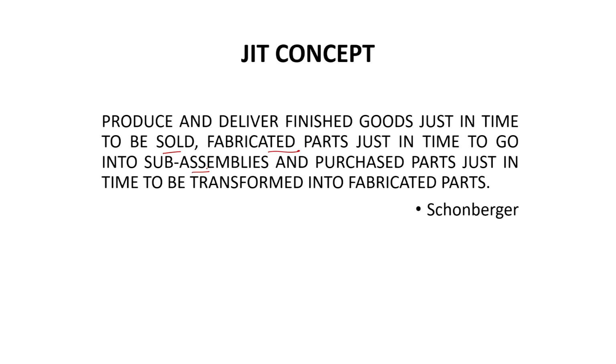So, whether it is a welding part or painting or engine parts or machining or something, we are doing it when it is going to be used for sub assembly, engine assembly, or it is going to be used for painting purpose, or it is going to be used on the assembly line, and purchase parts just in time to be transformed into fabricated parts, and we do the purchasing only when it is required to be fabricated or it is to be used in the assembly operations. So, we are doing the activity at the latest possible time. Just in time means when it is required, at the latest possible time we are doing this.